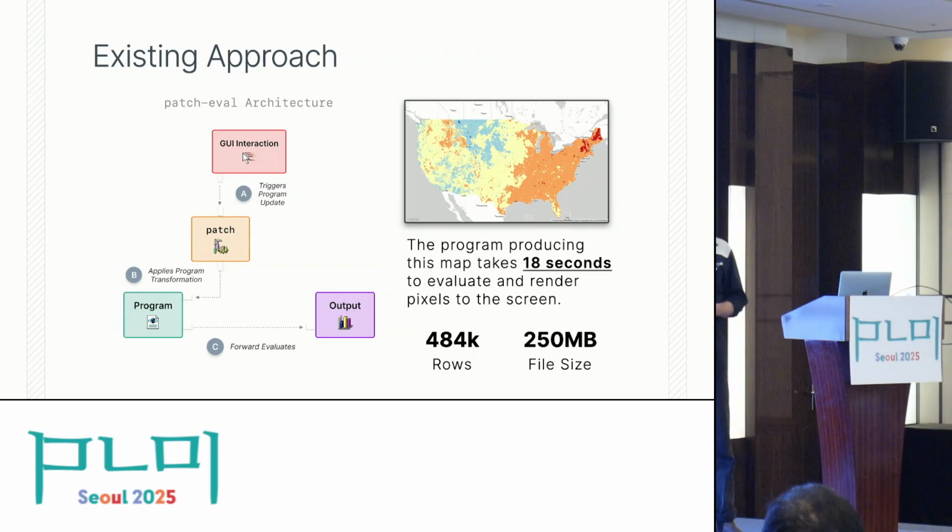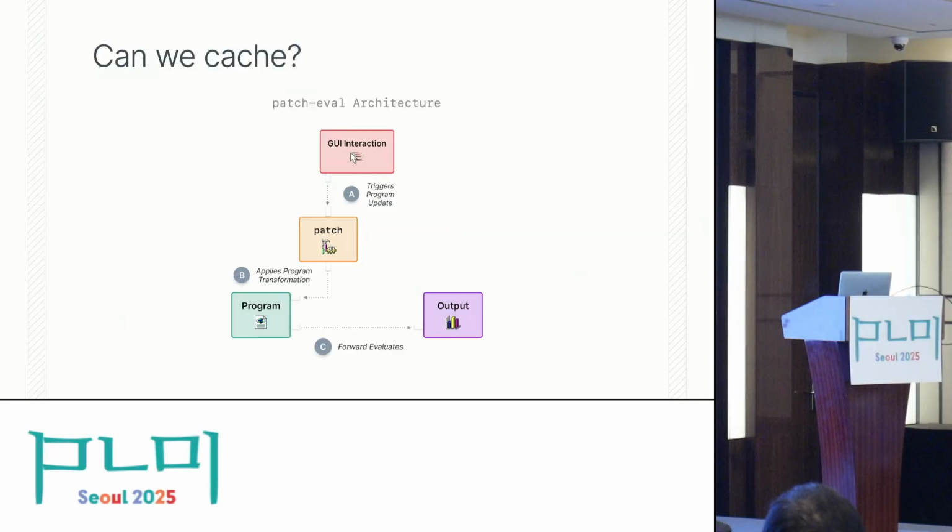Seeing this problem, I think naturally we might think, okay, big data, long-running programs, maybe caching could help in some way. On the surface, I think it sounds like a plausible idea, but think for just a second about what adding caching to this diagram would concretely entail.